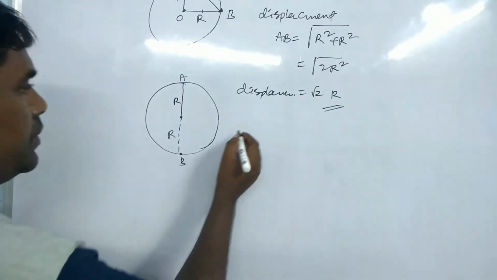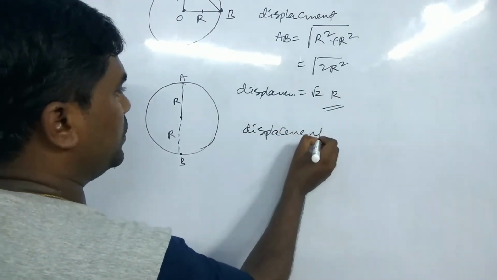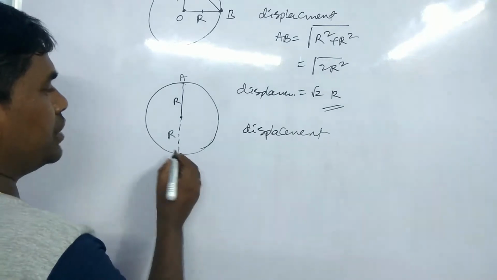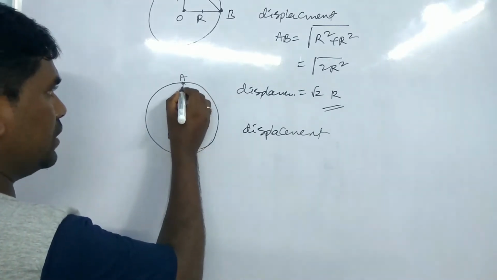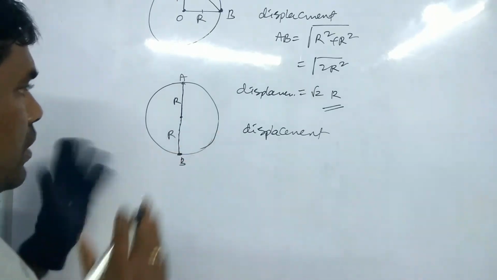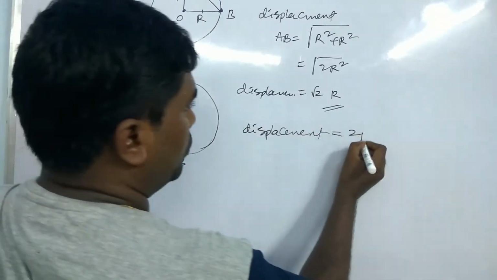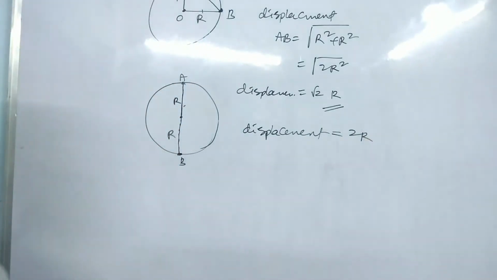What is the displacement here? The displacement is the shortest distance between the initial and final points. This is the final and this is the initial, and this is the shortest distance; there is no other way. So the displacement is r plus r, which is equal to 2r. This is the displacement in this case.